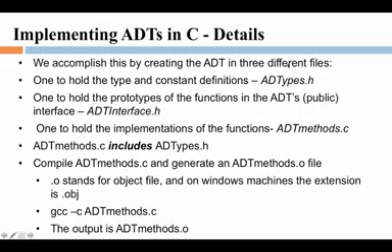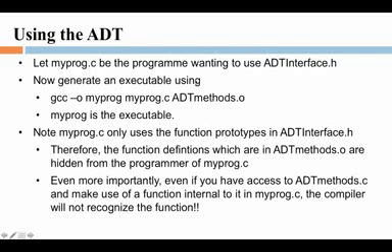If you go back to the previous slide, that is what we have. adt_interface.h contains the prototypes. So that tells you what are the function calls that you need to make. Using those function calls, you can write your C program and then compile it along with your adt_methods.o. Now myprog becomes the executable.